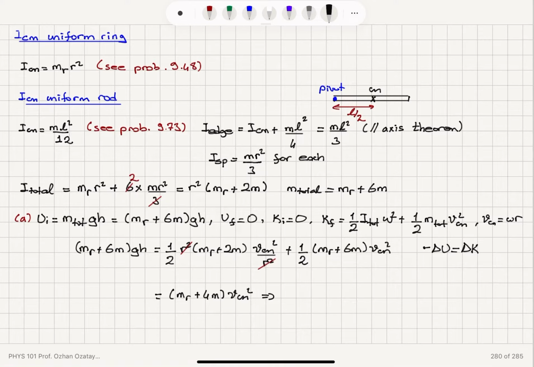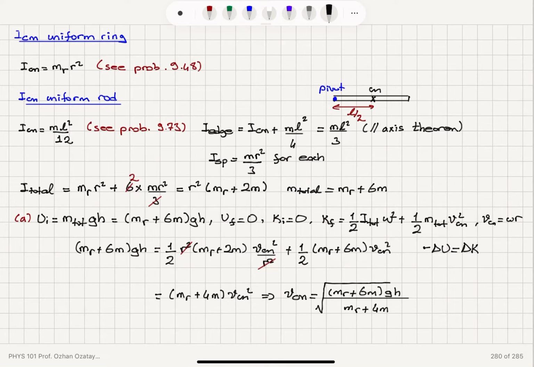So we find that the final center of mass speed will be equal to the square root of mass of the rim plus 6 times mass of each spoke, g h, divided by mass of the rim plus 4m.